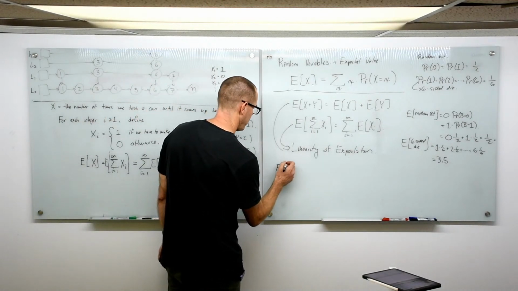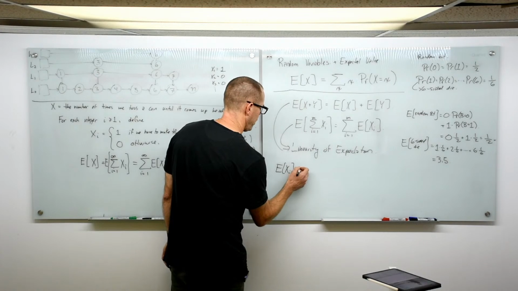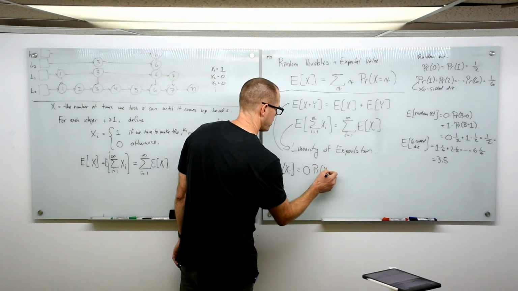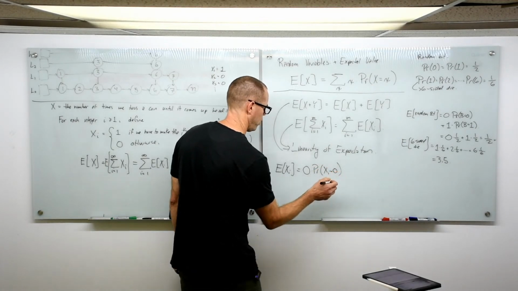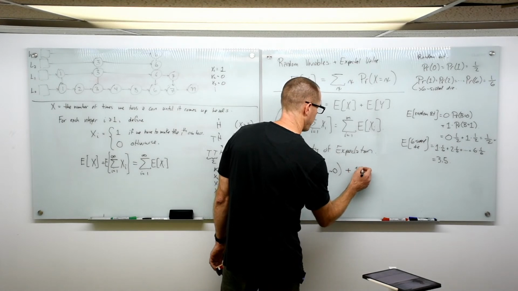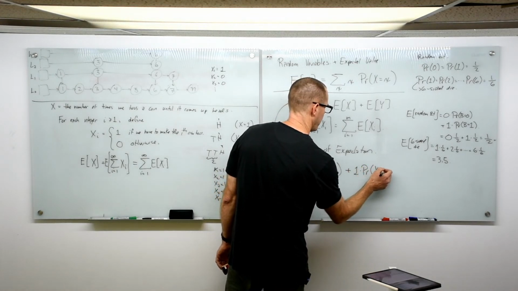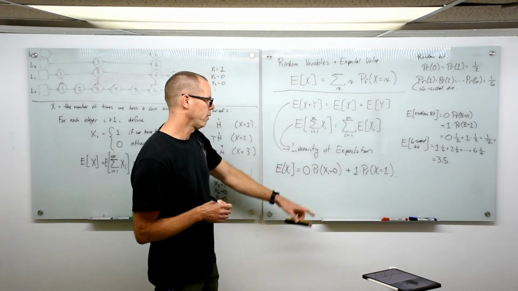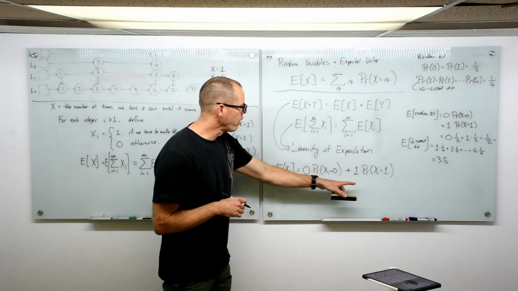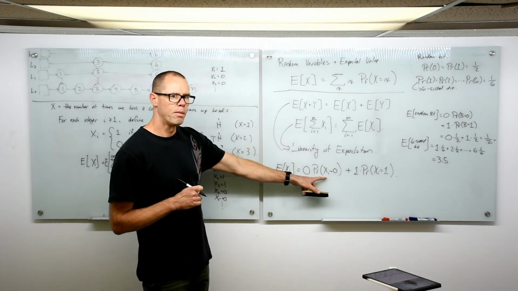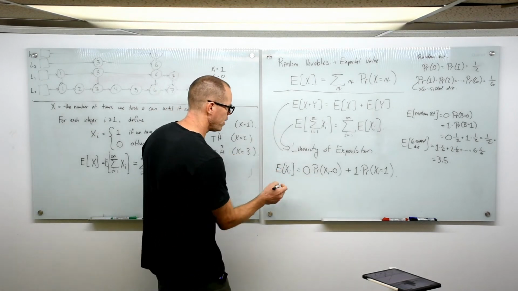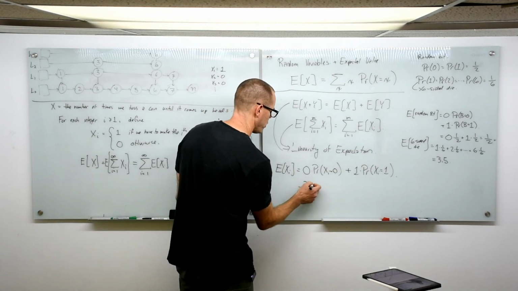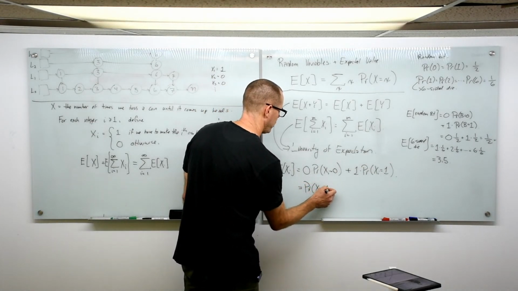The expected value of x sub i is equal to 0 times the probability that x sub i is equal to 0 plus 1 times the probability that x sub i is equal to 1. One of those probabilities we don't care about because we're going to multiply it by 0 anyway. So really this is just the probability that x sub i equals 1.